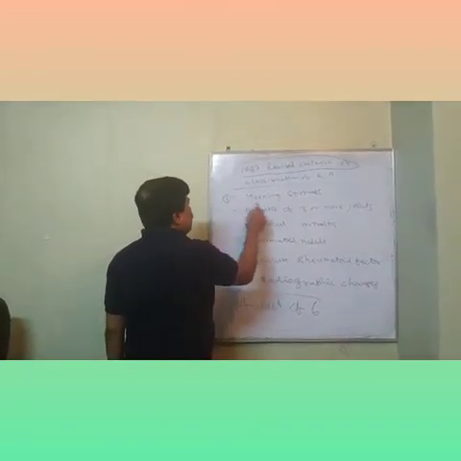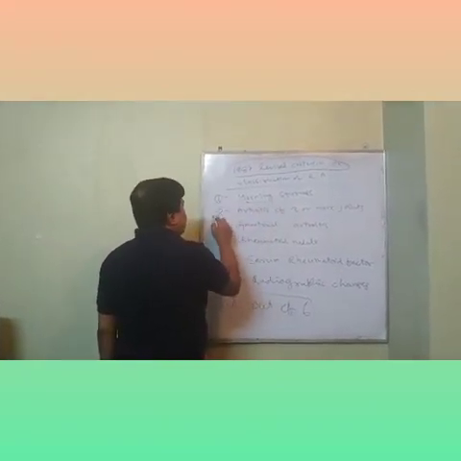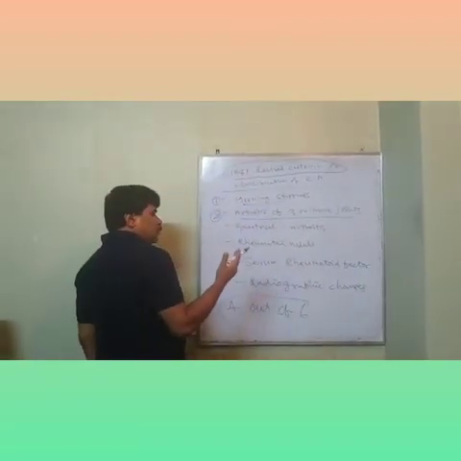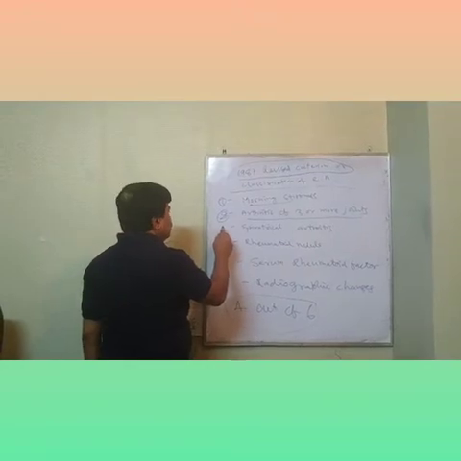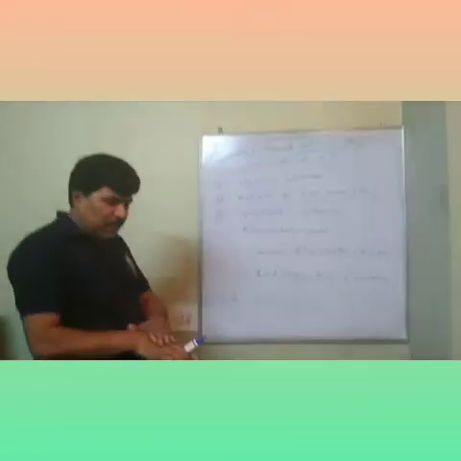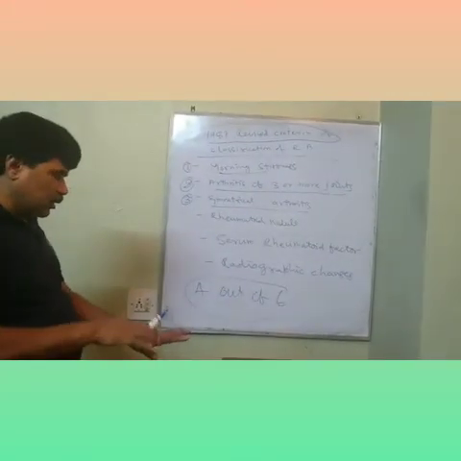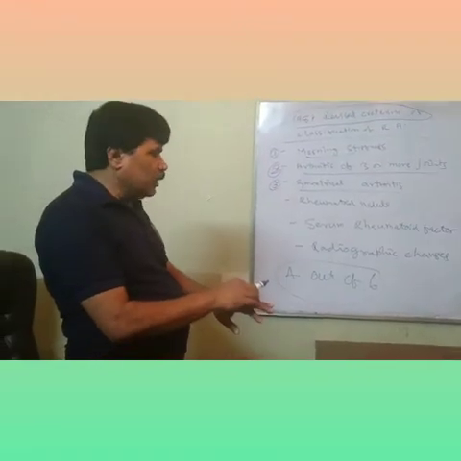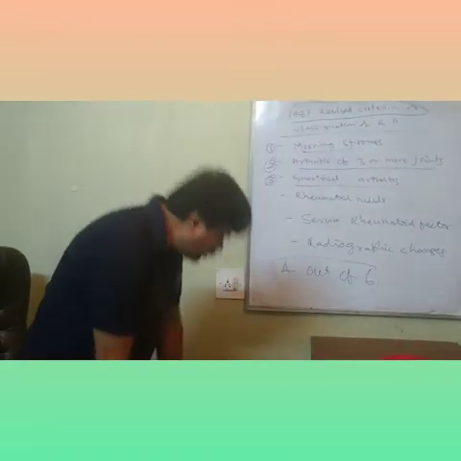One is morning stiffness. Second is arthritis of three or more joints. Third is symmetrical arthritis. If one hand is involved, the other hand is involved; this MCP joint, this PIP joint, the knee, both sides are involved.